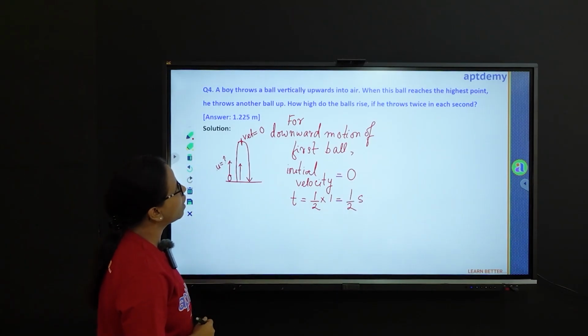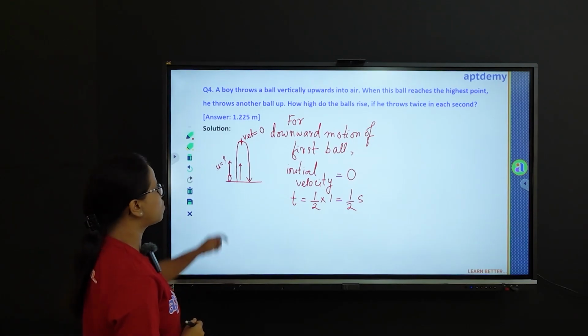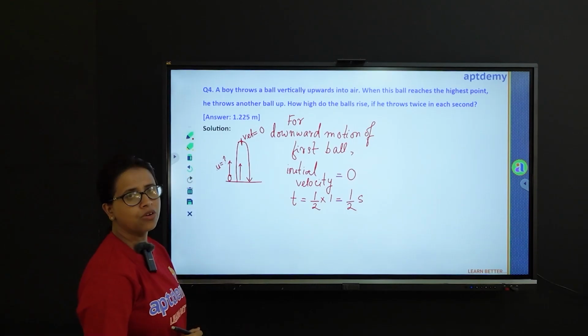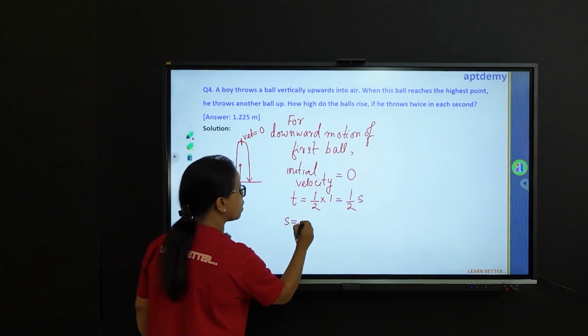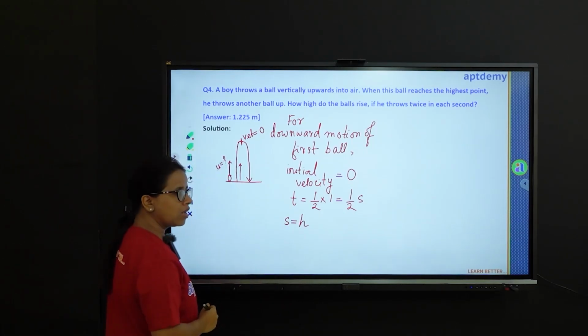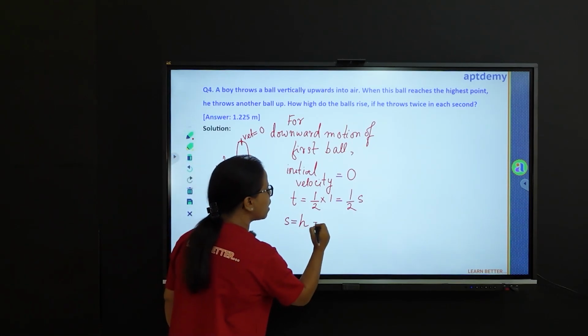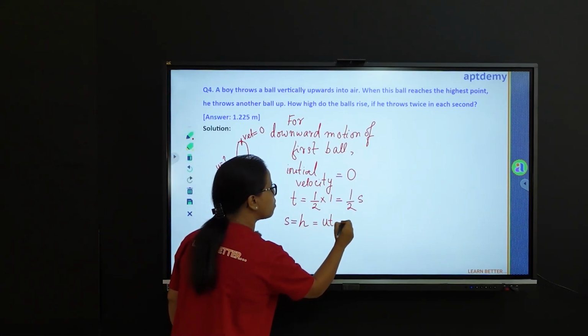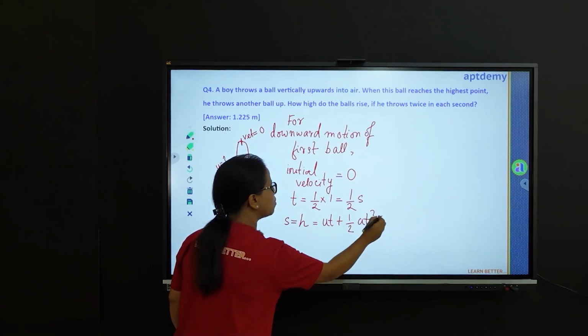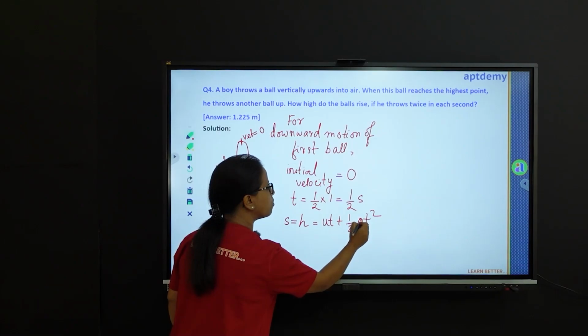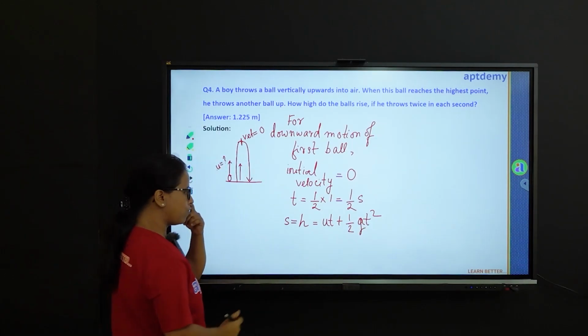Now we are asked to find out how high the balls rise, that is, we have to find the distance. We shall use this formula, replacing s by h since we are talking of height: ut plus half at square. It will be better if we use g in place of a.